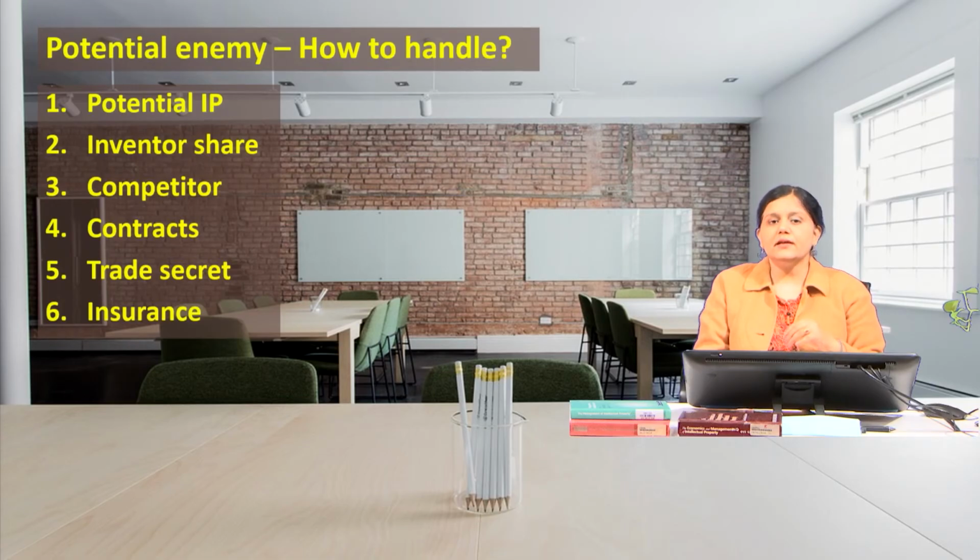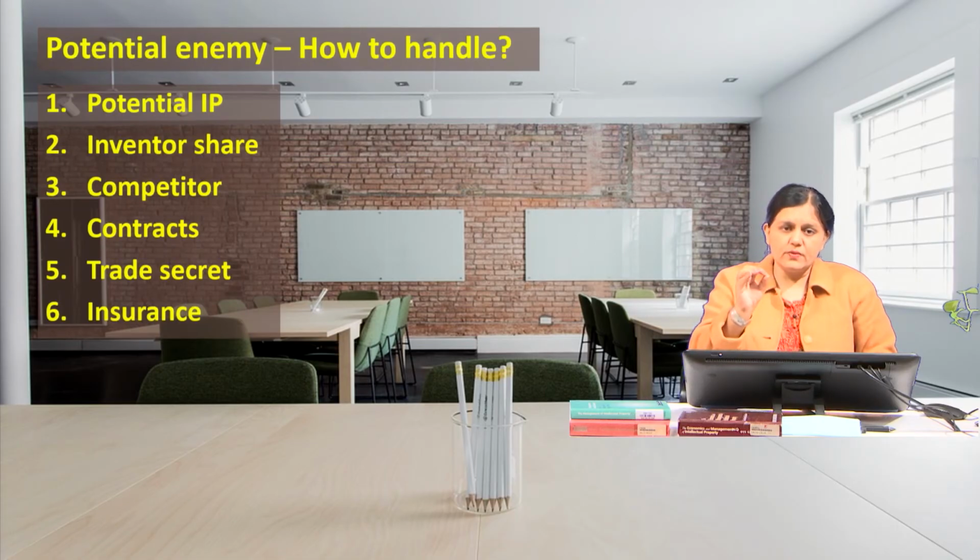Okay. Next is the inventor share. Now, this is one thing which is very crucial in academics generally. My observation is that this is more of a problem in academic institutes. I have seen that several disputes are due to not following this step, that is, the inventor share. Now, what is it?